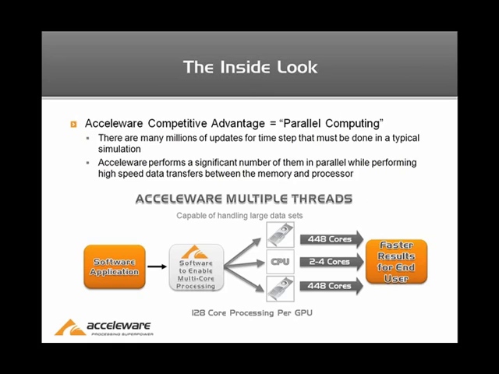The inside look at how we speed this up is by using our competitive advantage, which is really parallel computing. Because of the large scale of the simulation, the magnitude of the number of cells, many millions of electric and magnetic updates need to be performed for every time step. What we do to speed that up is we take advantage of a massively multi-core processor, such as the GPU, to do many of them in parallel while performing transfers to and from the GPU memory.